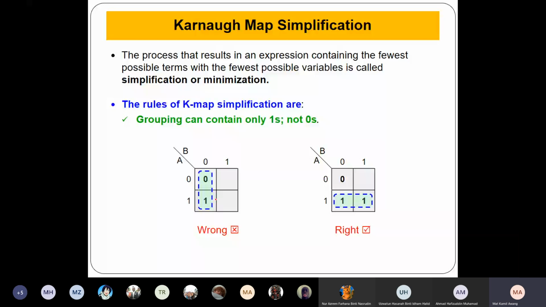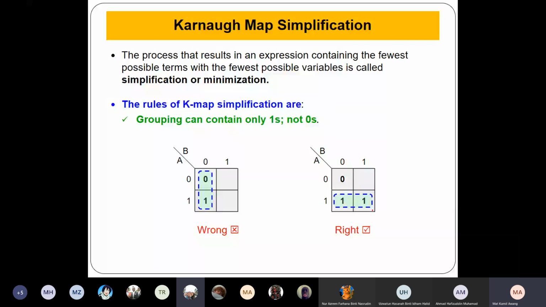You can only group 1 with a 1. So this is wrong. You cannot simplify this one like this, but you can simplify like this. Okay? You cannot group this because zeros cannot be grouped with a 1. You can only group 1 with a 1.